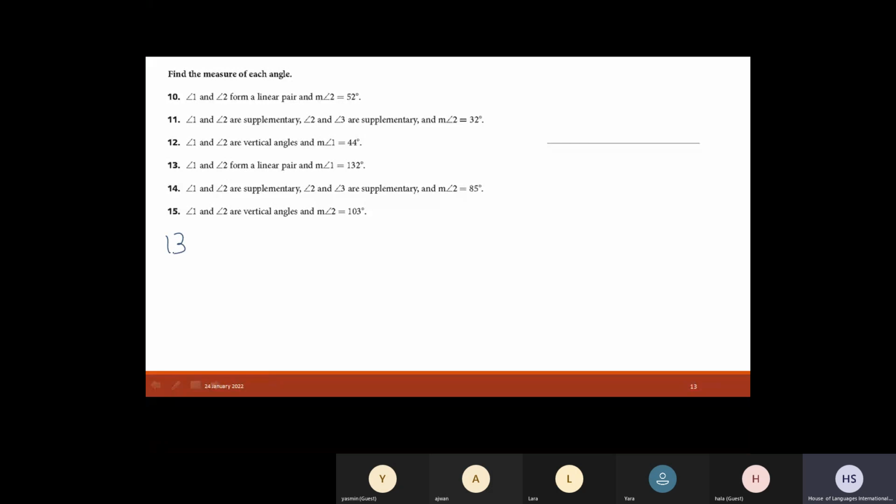Number 13. Angle 1 and angle 2 are what? Linear pair. The measure of angle 1 is 132.